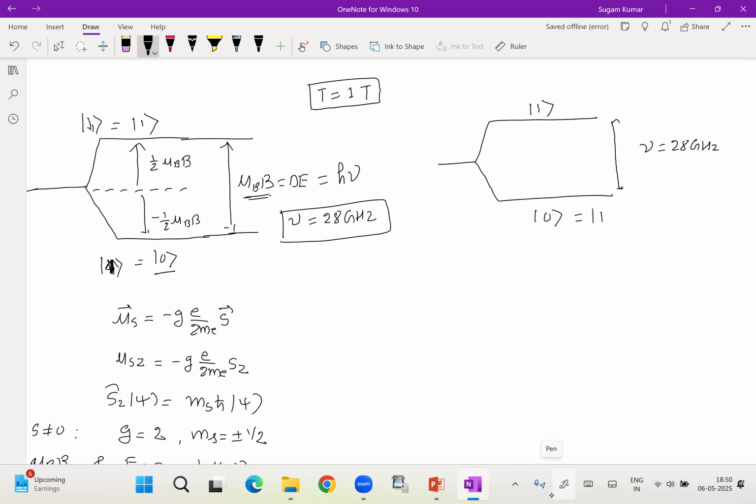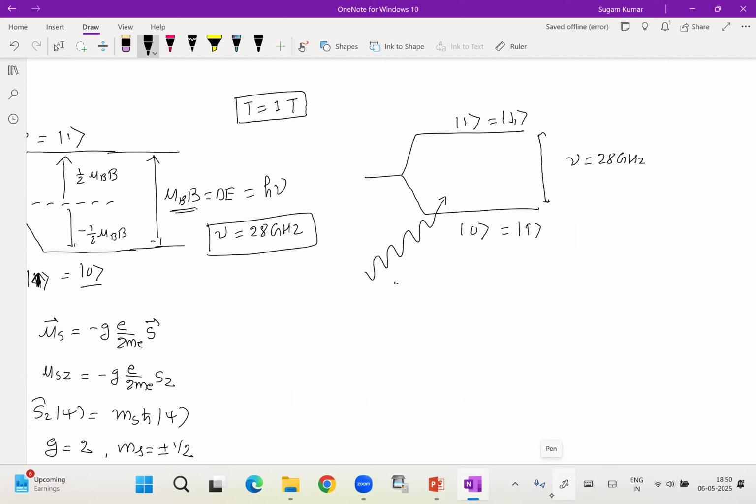Now see, if I shine a microwave on this system, and if the frequency of the microwave is exactly 28 gigahertz, and let us say the electron is already in the ground state, I mean the up spin state, then it is going to absorb this 28 gigahertz, and as a result, it will make a transition to the up state.